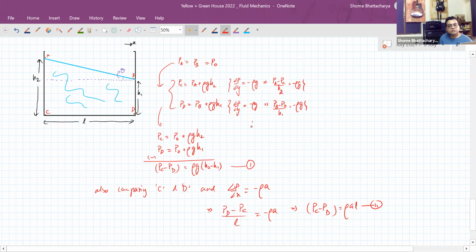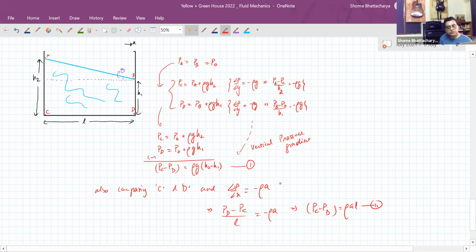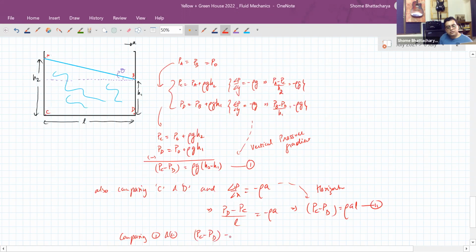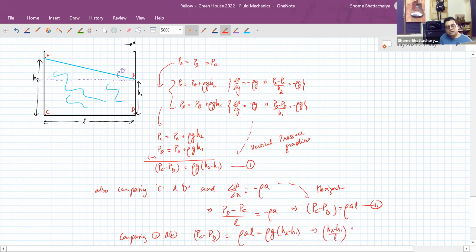This equation is basically coming from using vertical pressure gradients, whereas this one here was coming from using horizontal pressure gradients. But comparing the two of them now, we can see that PC minus PD, so H2 minus H1 by L is A by G, and that is tan theta.